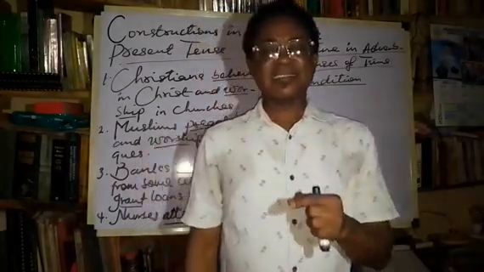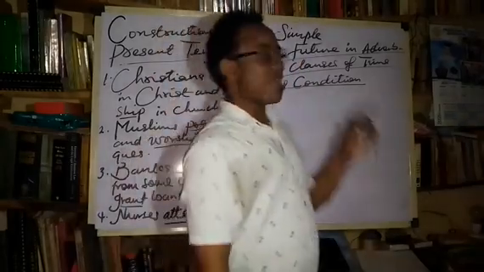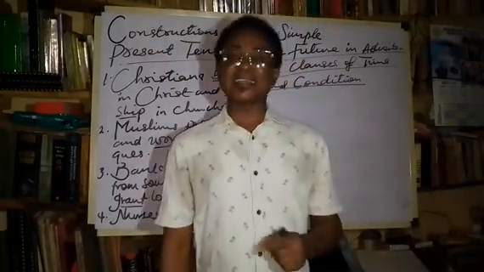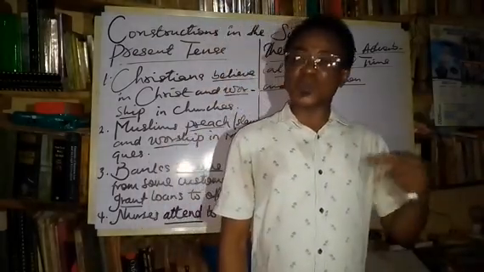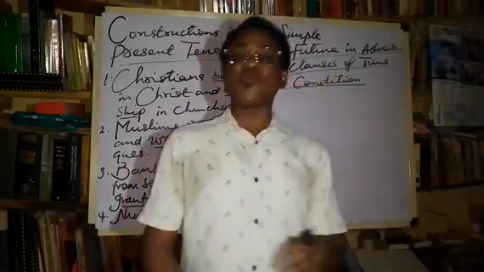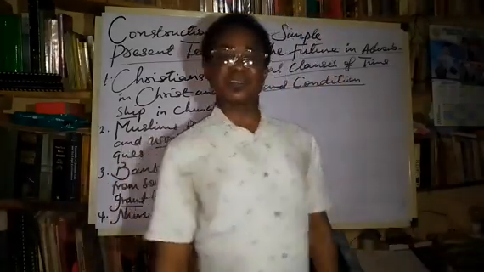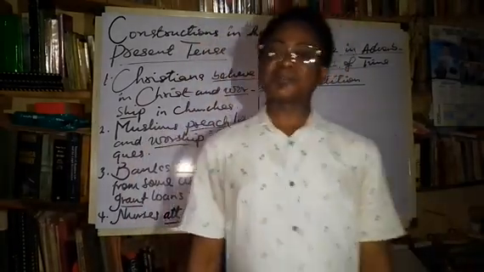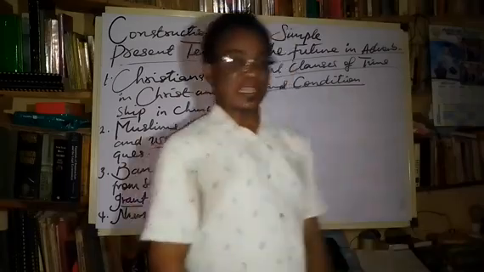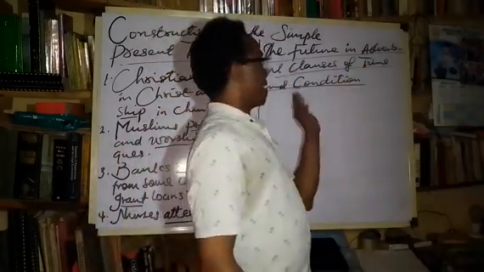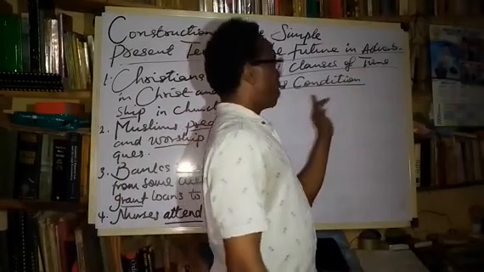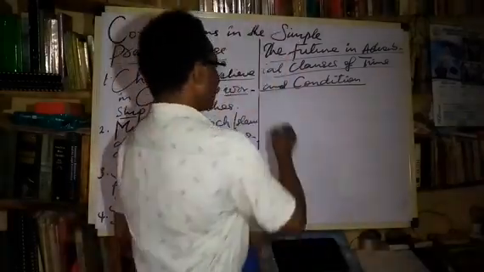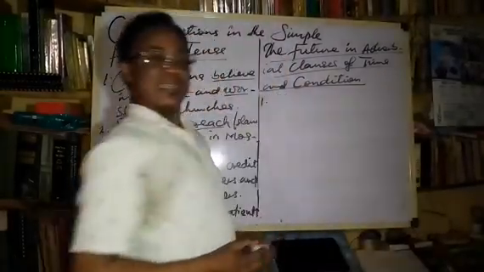A sentence that has an adverbial clause is a complex sentence. That's a sentence that has at least one main clause and one or more subordinate clauses. The adverbial clause, of course, is a kind of subordinate clause. So in such a sentence, in that adverbial clause of time or condition, you find a verb in a simple present tense. Let us illustrate with our first example.